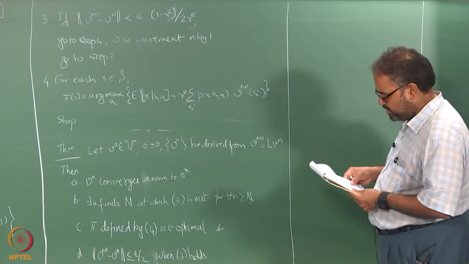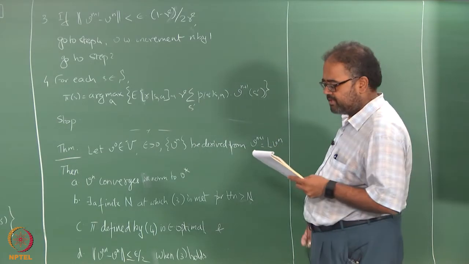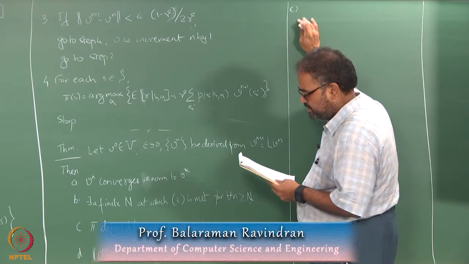Anyway, so let's look at the proofs. Well, A and B are immediate, they follow from Banach's fixed point theorem. So we will start off with C and D, right.